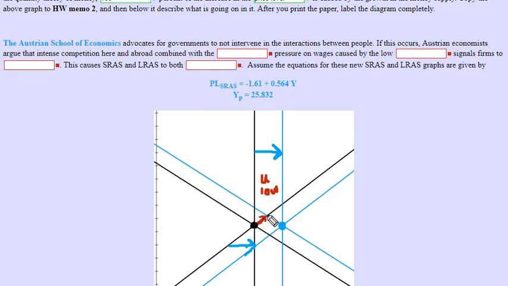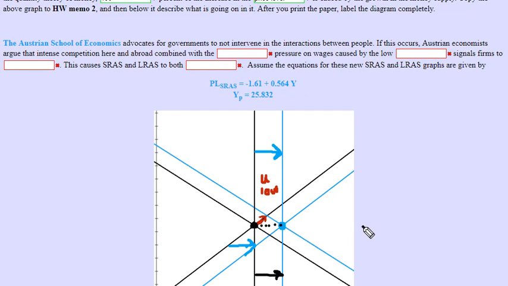Unemployment's low. Instead of firms passing those higher wages off to their customers in the form of higher prices, perhaps they innovate. They create new technologies, and when those technologies are rolled out, long-run aggregate supply shifts to the right. And we end up getting a situation where prices don't increase, but GDP does.